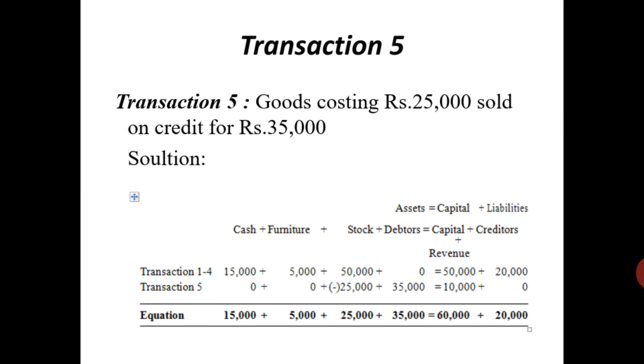So the difference is the profit of the organization, and the profit is owned by the proprietor, that is the owner's equity. So that will be added to 50,000. So the accounting equation will be like this: on the asset side 15,000 cash, furniture 5,000, stock 25,000, and debtors 35,000, and on the liability side, the equity side, 60,000 capital and 20,000 creditors.